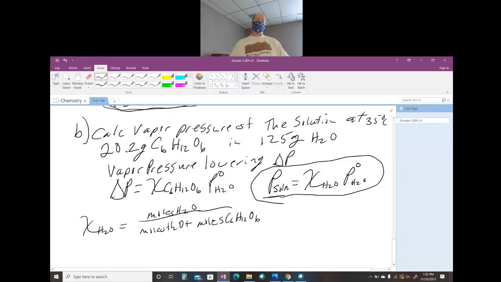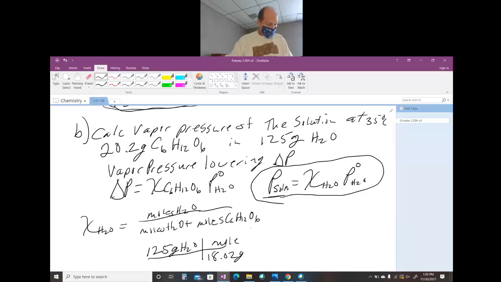I just convert grams into moles by dividing by the molar mass. So for moles of water, I take 125 grams of water and divide that by the molar mass, 18.02 grams per mole. That is my moles of water, and that is 6.94.